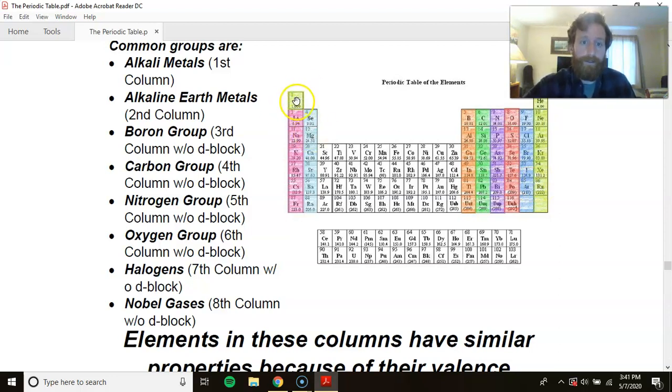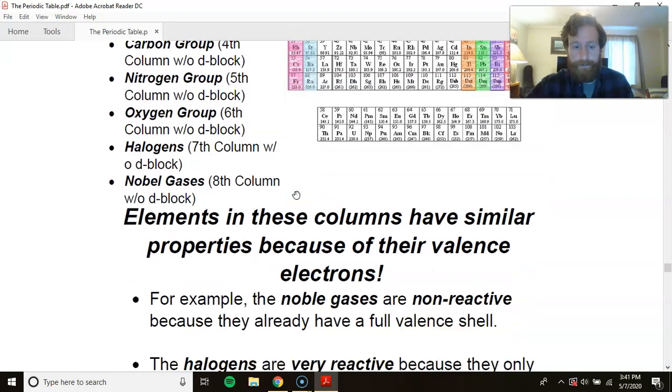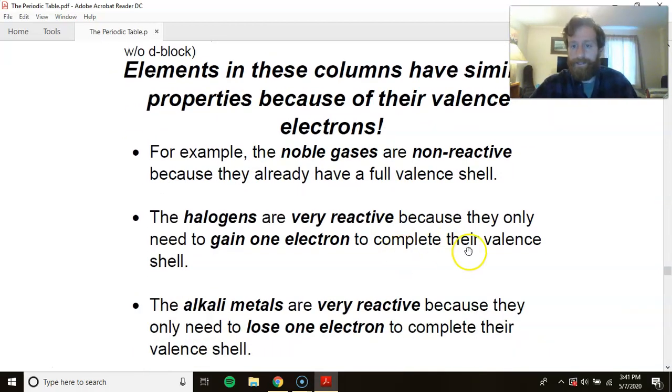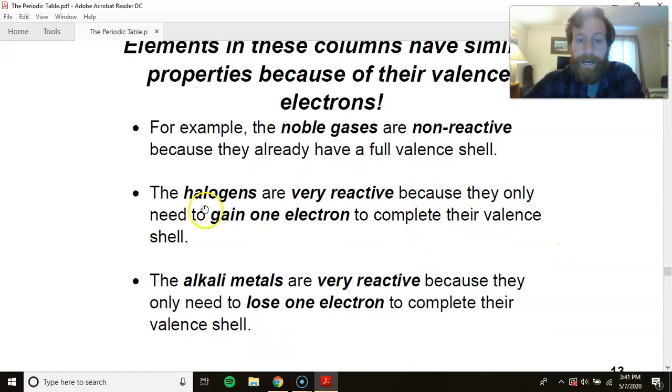Or if everybody in the first column only needs to lose 1 valence electron to fill its valence shell, then that can be very easily done, and the first column would be very reactive. I kind of just said this, but for example, the noble gases are non-reactive because they already have a full valence shell. The halogens are very reactive because they only need to gain one electron to complete their valence shell.